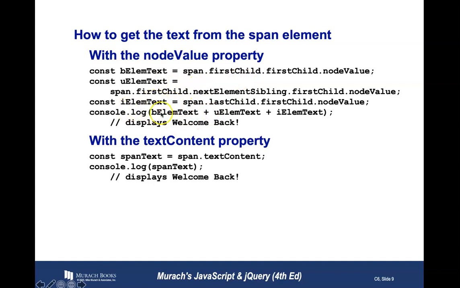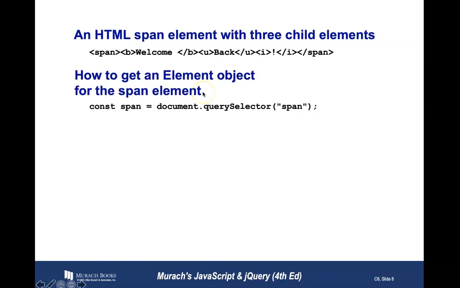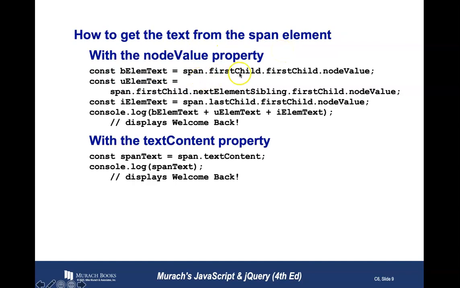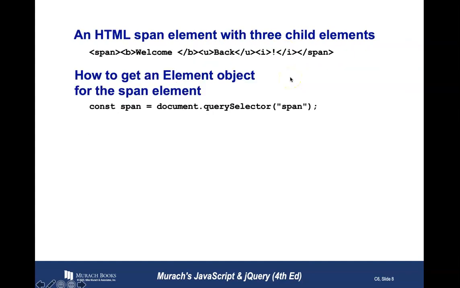When we do console.log lm text, this should be welcome. This should be back. So let's take a look at welcome and back. First child, second child, third child. Go back, first child node value.